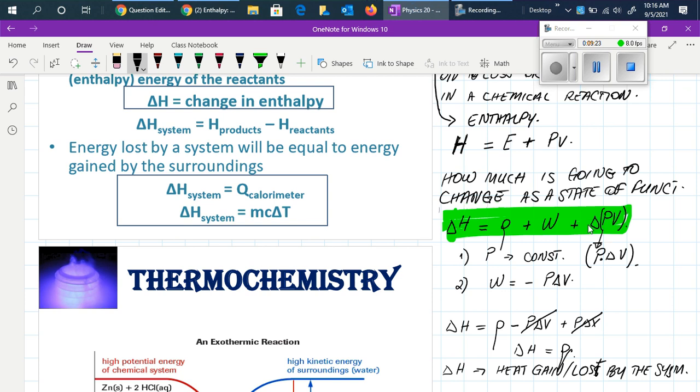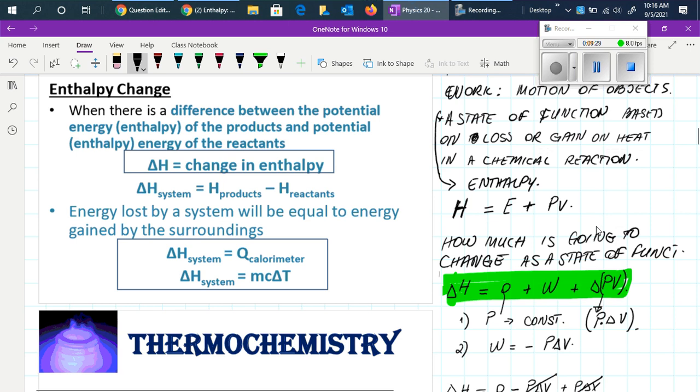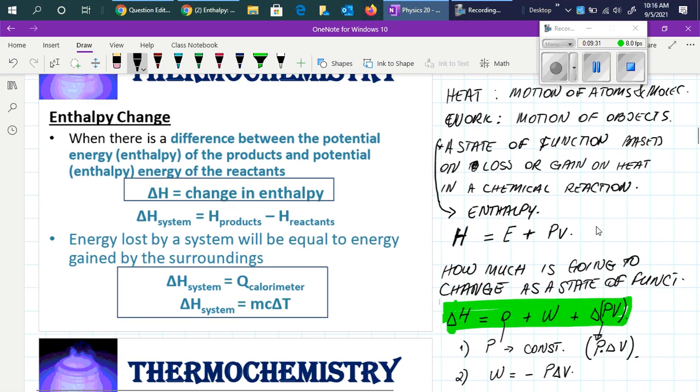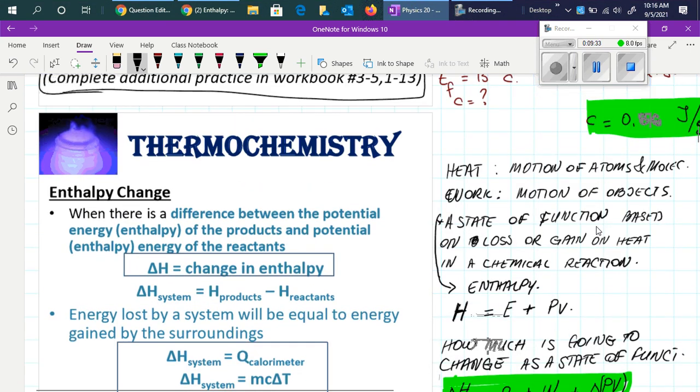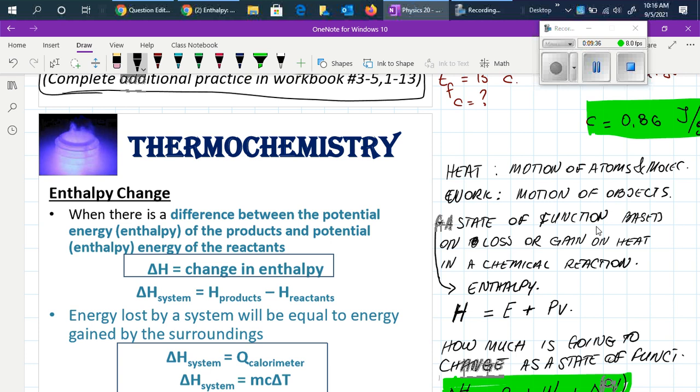So all this explains why we are not able to calculate the enthalpy of a system, but we are able to calculate the change in enthalpy of the system. And now guess what? In a chemical reaction, what do we have? We have products as the final state and reactants as the initial state.